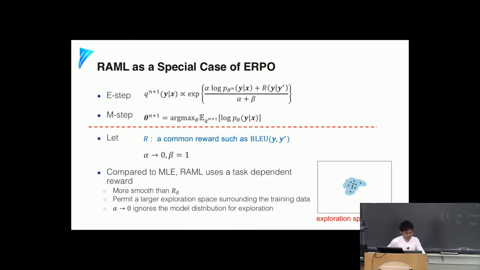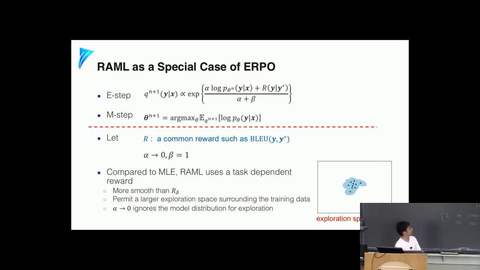Okay, so we can see that compared to MLE, RAML uses a task-dependent reward. This reward is smoother than the delta reward, and it permits a larger exploration space surrounding the training data. So given this training data, the model is allowed to explore a little bit around it, and this addresses the exposure bias problem to some extent.